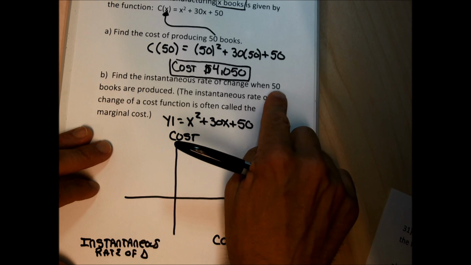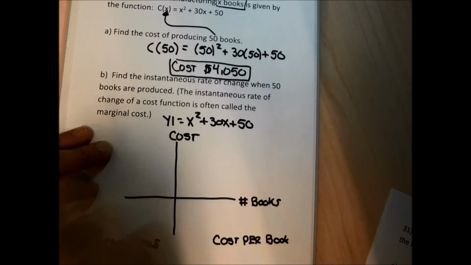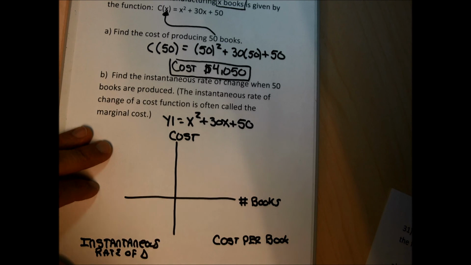I'm going to find the instantaneous rate of change when 50 books are produced. What it's going to estimate is the cost of producing the 51st book. Because costs change. The more you produce, sometimes the cost goes down because you get quantity discounts. But at some point, as you produce more, your costs go up because maybe you reach your capacity and you have to open up a new building or hire new employees or pay overtime.